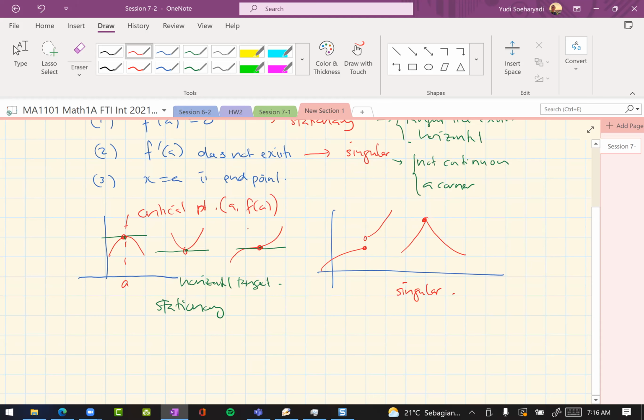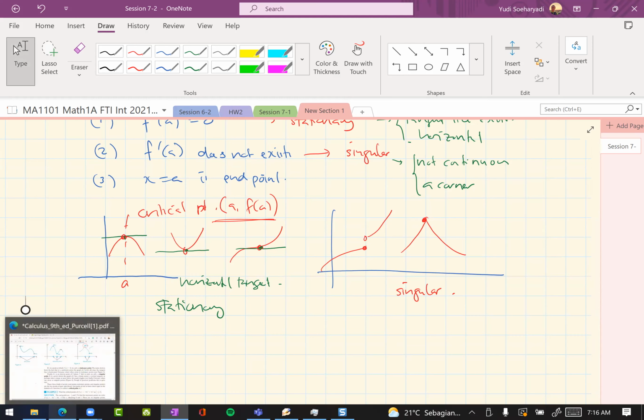A point corresponds to a coordinate, so it has an x coordinate and a y coordinate, and it is obtained at x equals a, right? So x equals a is not the critical point, but the critical point must be up here, right?